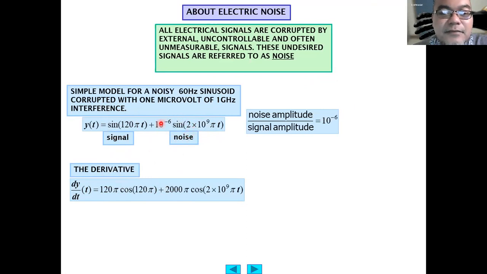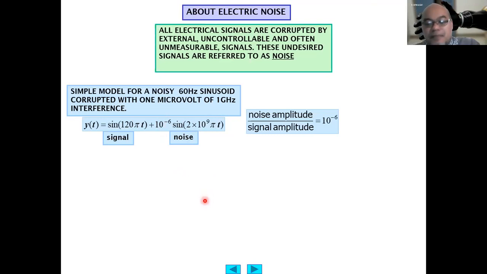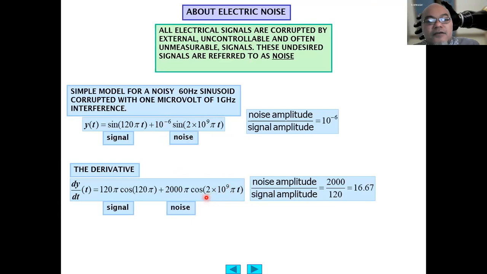So 2 giga times 10 to the power of minus 6 becomes 2000 pi cosine 2 times 10 to the power of 9 pi t. This is why the differentiator circuit will amplify the noise, because look here, the noise amplitude over the signal amplitude is 2000 pi divided by 120 pi, which is 16.67.